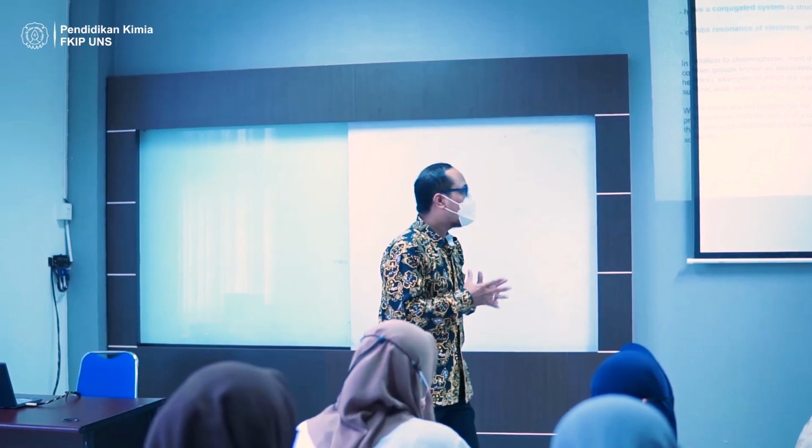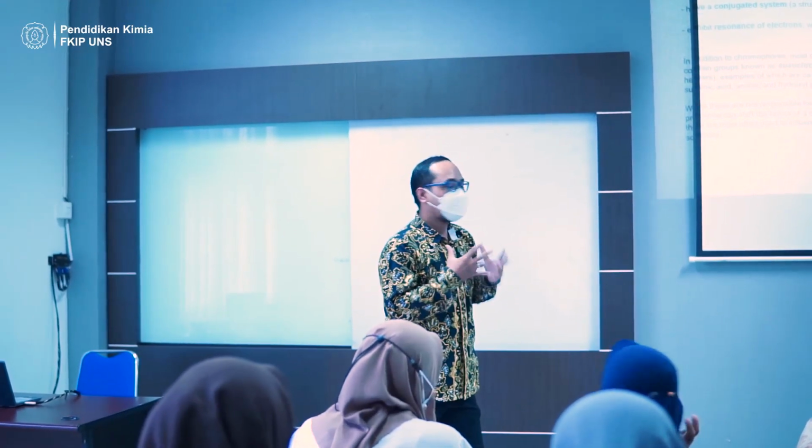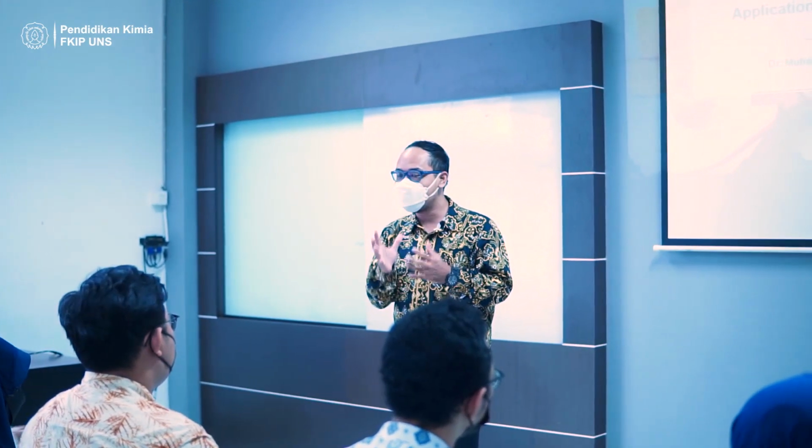Yes, please. Yes, I have a question. How to extract anthocyanin from natural products to be used as a pH indicator? Thank you very much for the question. To answer it, I would like to bring back the previous slides. We have already defined that anthocyanins are water-soluble compounds. So from that definition, what do you think of the solvent that we can use to extract anthocyanins? Water. That's correct.